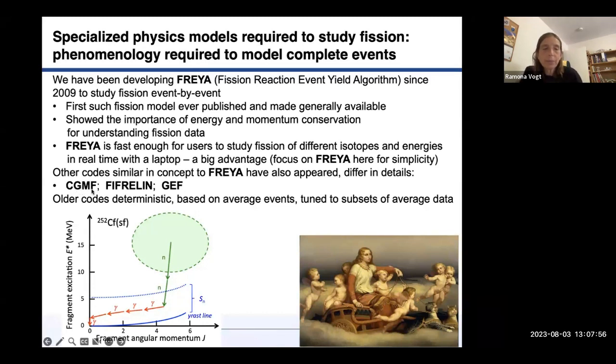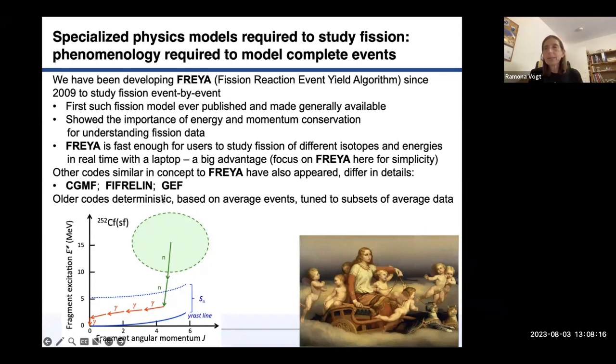But there's CGMF from Los Alamos, FIFRELIN in France, and GEF in Germany, and we all have slightly different approaches, but they're all based on Monte Carlo, and I'll explain why that's useful pretty soon.